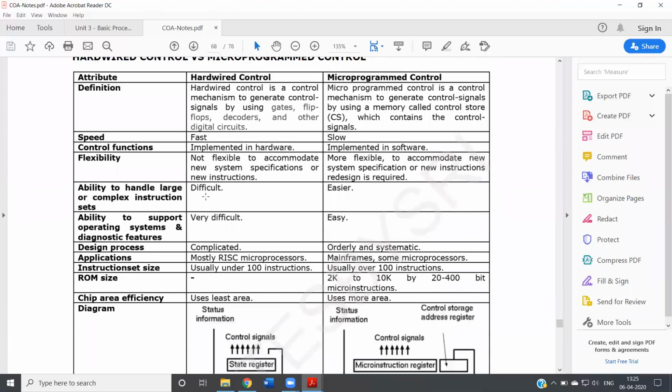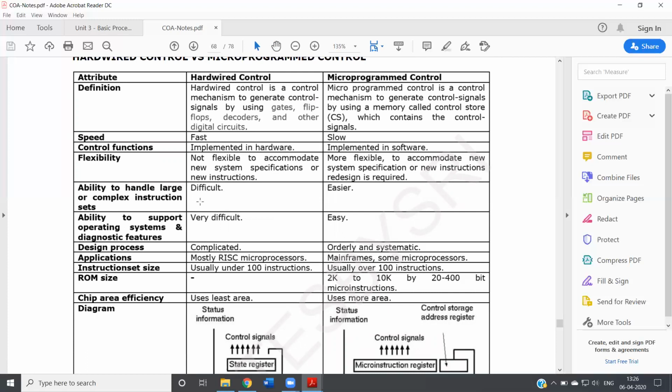These are the differences between hardware control and microprogram control. As I said, hardware control is faster as compared to microprogram control. Hardware control is implemented in the hardware, whereas microprogram control can be implemented in software. Hardware control is not so flexible, but microprogram control is flexible, so a new instruction can be added.